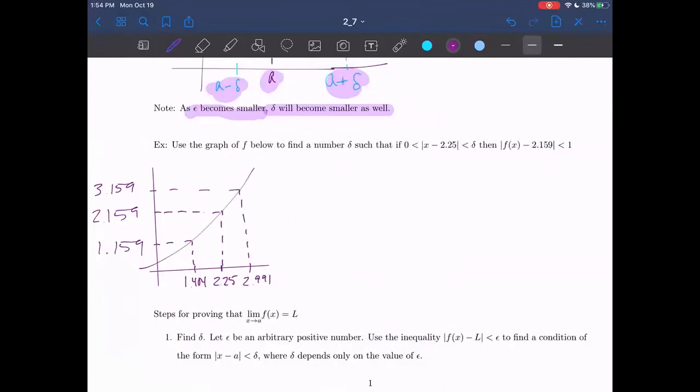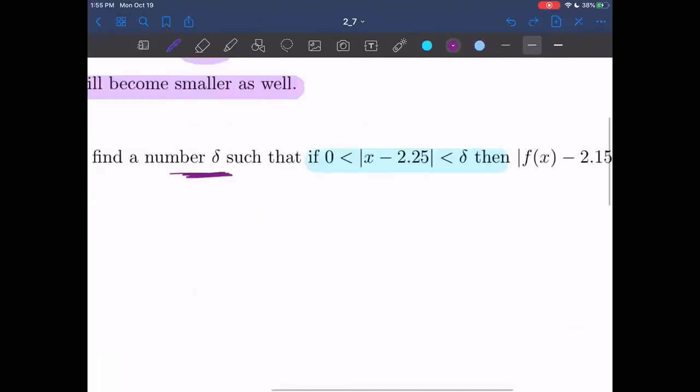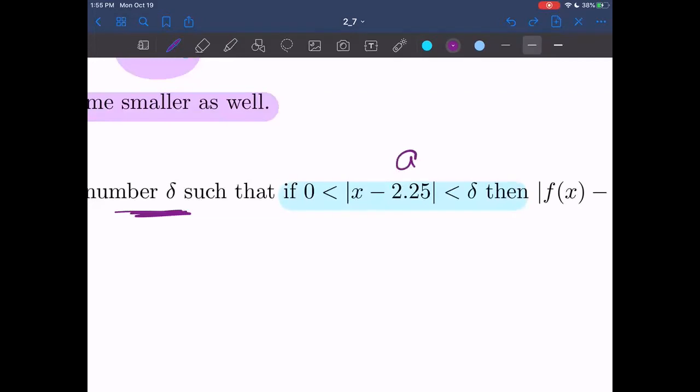We're going to use this graph to find a delta value. If we look, we've got the absolute value of x minus 2.25 is between 0 and delta. And so this 2.25 is our A value.